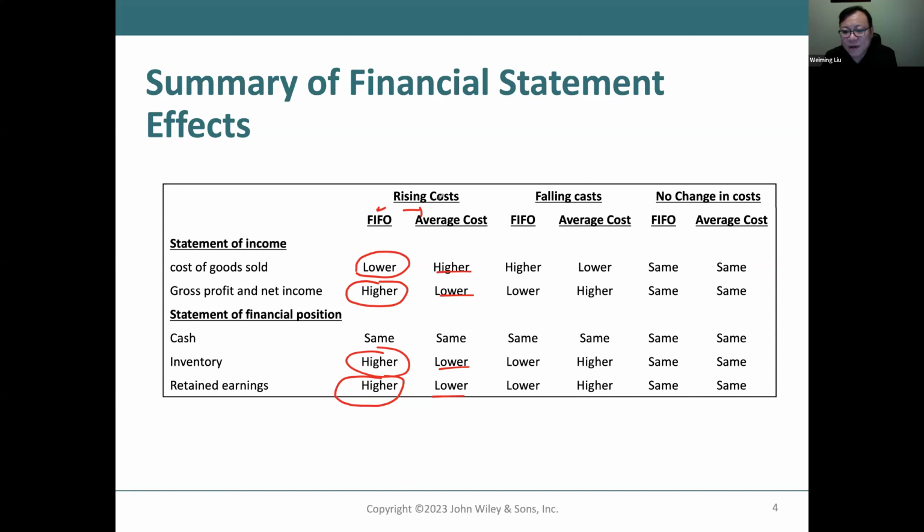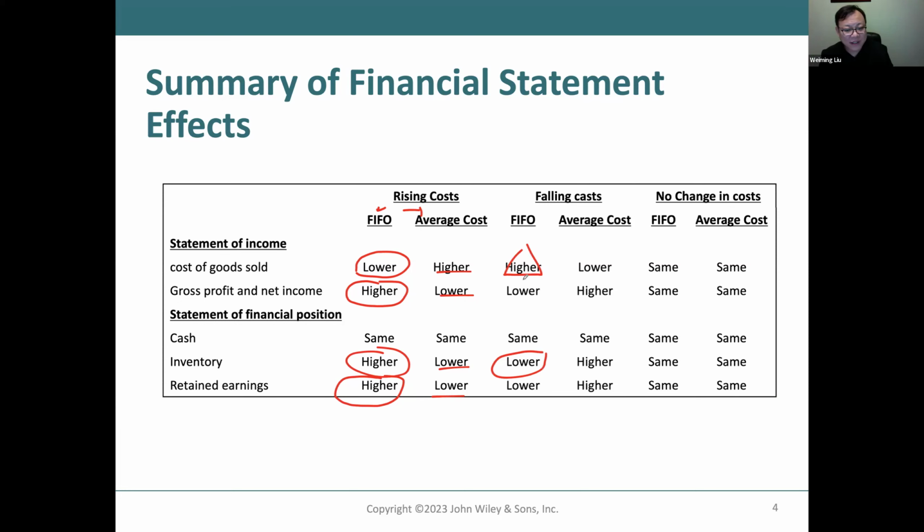It could also be that the goods price is dropping. That scenario will be the opposite of the first, because for the most recent goods, you pay less money. So the cost is lower, the inventory is lower, and the cost of goods sold is higher.